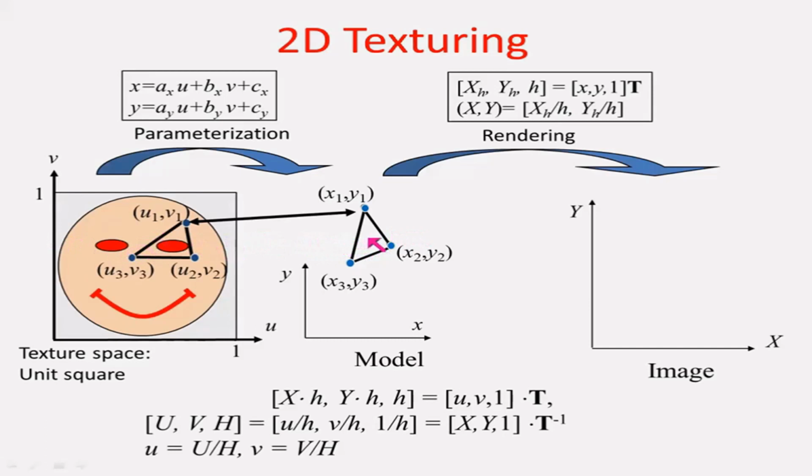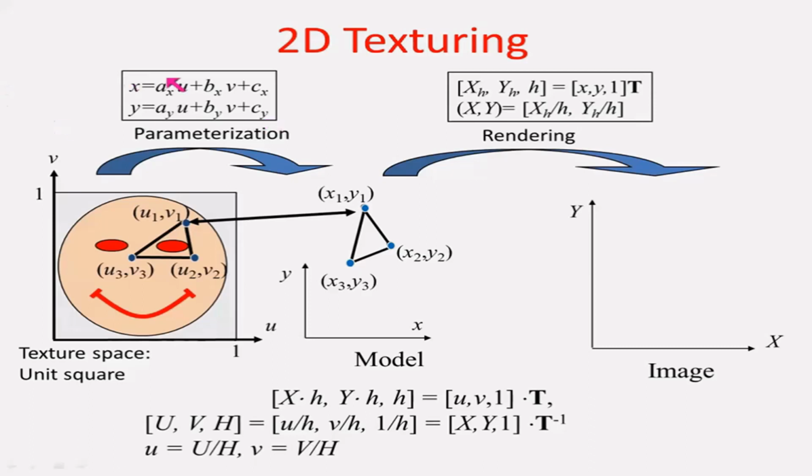A triangle can be parameterized with an affine transformation, which means that x and y are linear functions of texture coordinates u and v. This can be seen by counting the number of unknowns in a pair of linear functions and counting the number of constraints for an affine transformation to map one given triangle onto another given triangle.